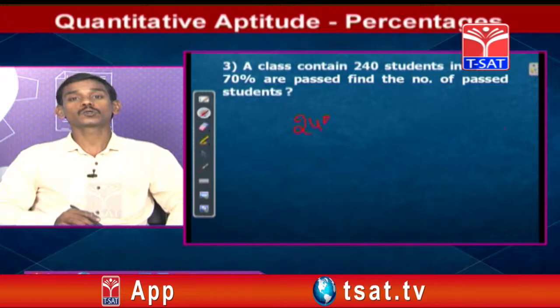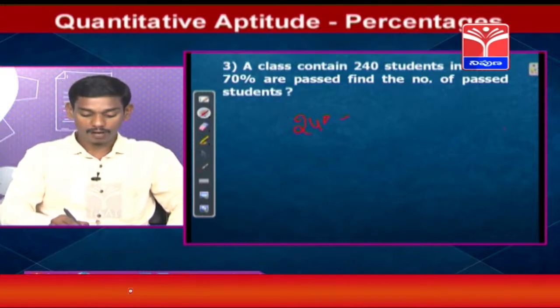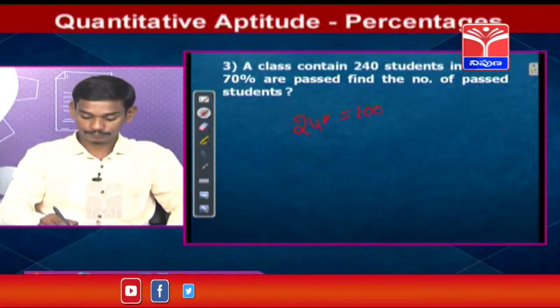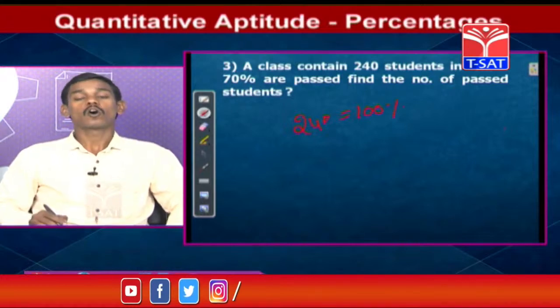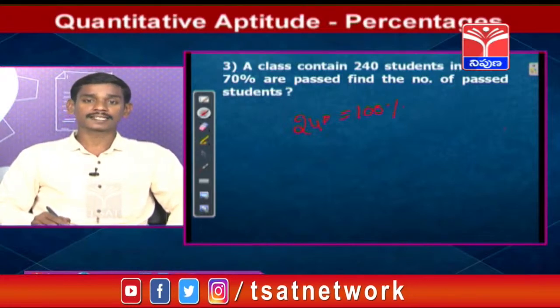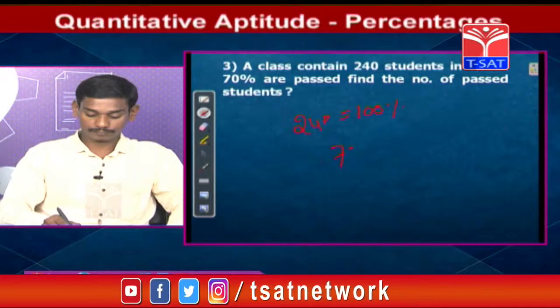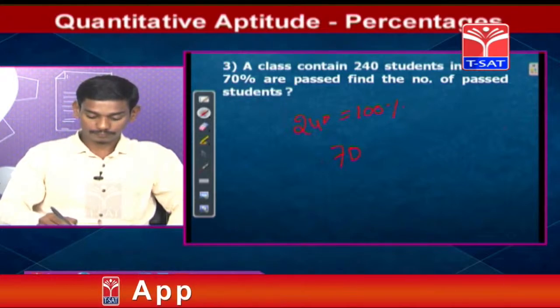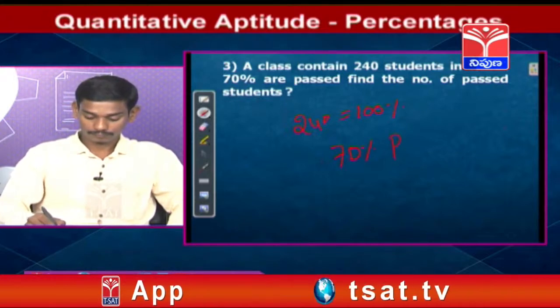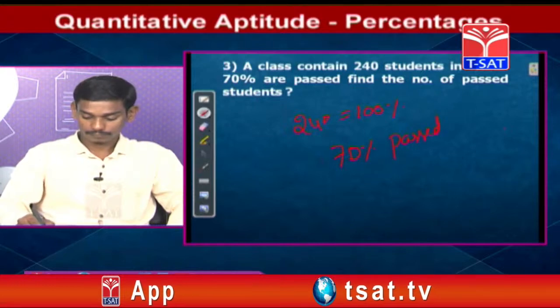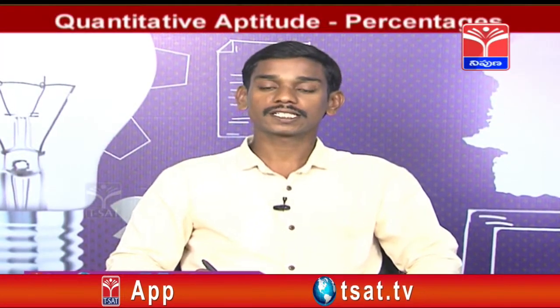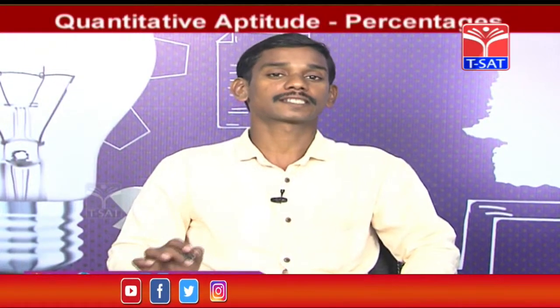So this 240 students is equal to how much percentage? 100 percentage. So how many percentage of students is passed here? 70 percentage. So 240 students is there. That means total students 240 means 100 percentage.